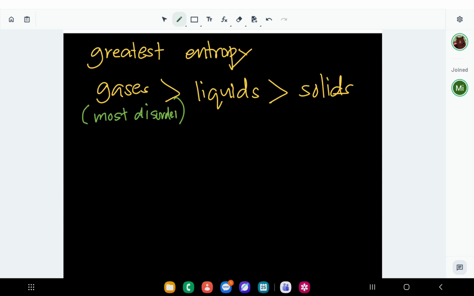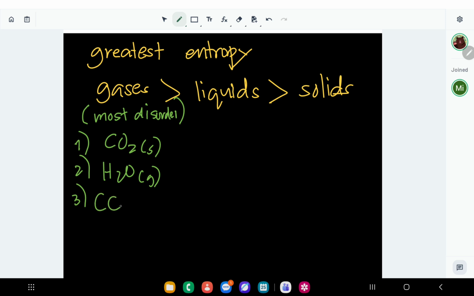So that's how to find which substance has the greatest entropy. That is the main rule. Now we're given 4. The first one, we have CO2 solid, then H2O gas, then CCl4 carbon tetrachloride liquid, and then CHCl3 liquid.